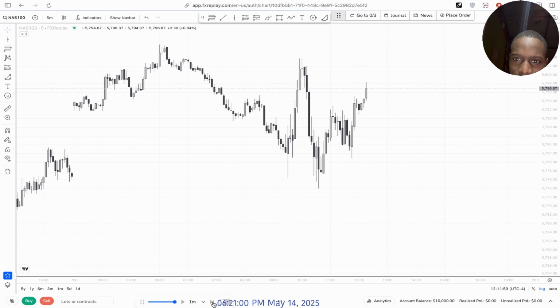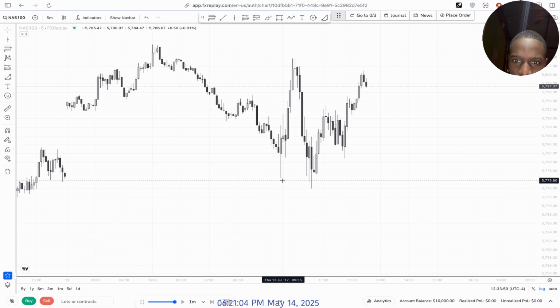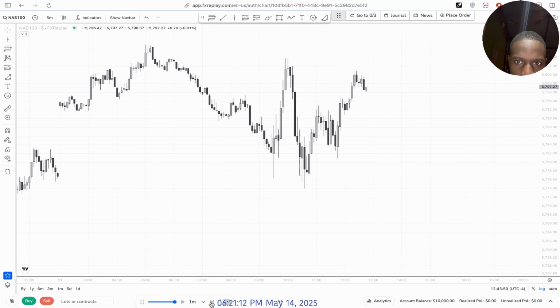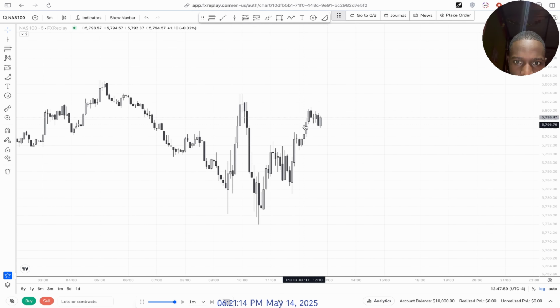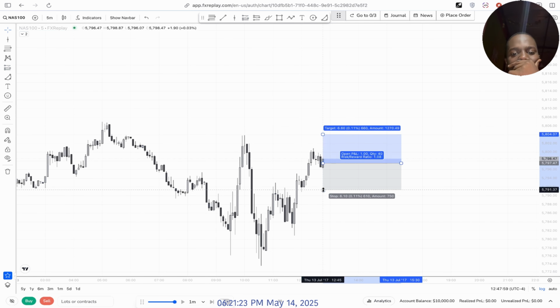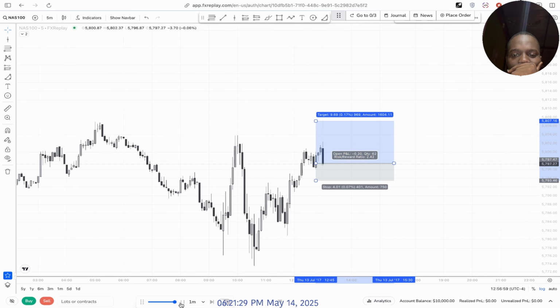Luckily we didn't enter. A sweep, a shift, gap retest. Another gap retest. Should we long it? Oh hell yeah. Very tight stop loss.